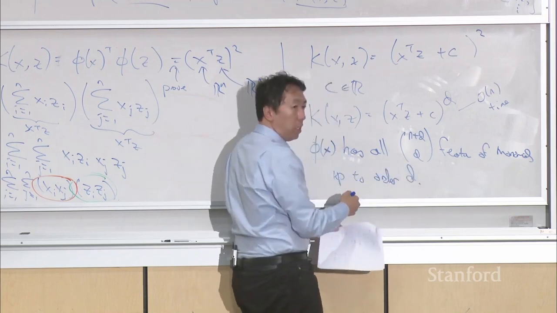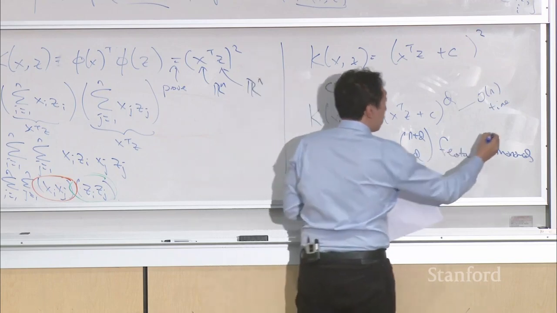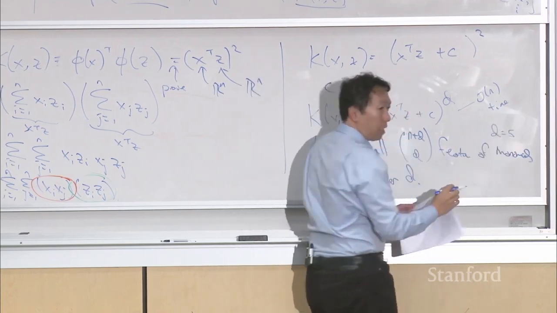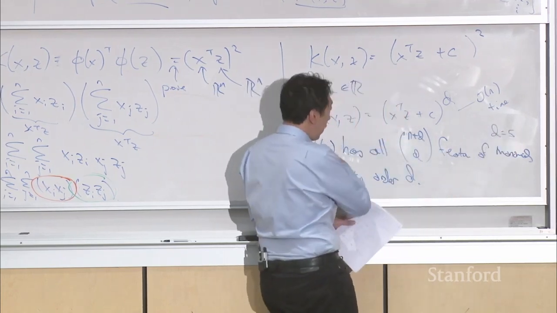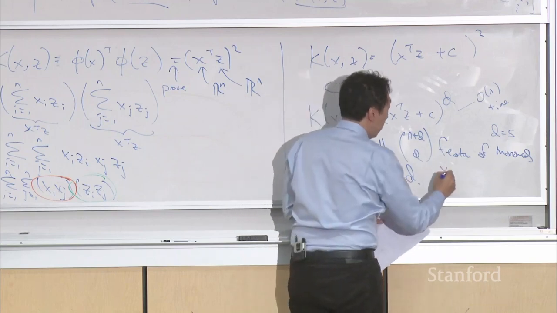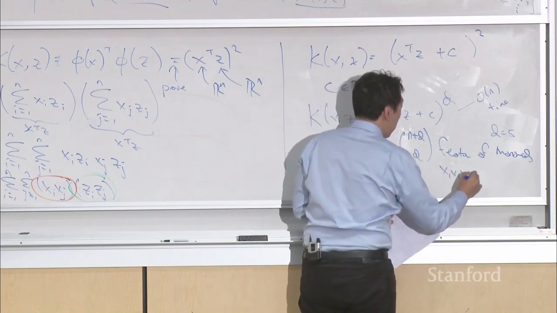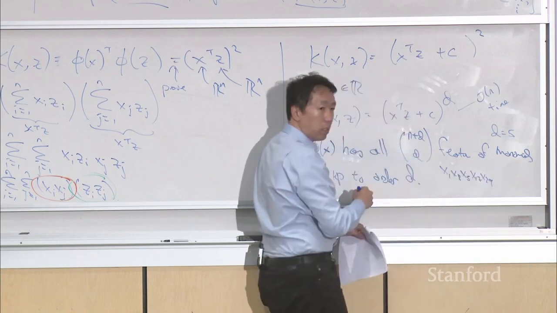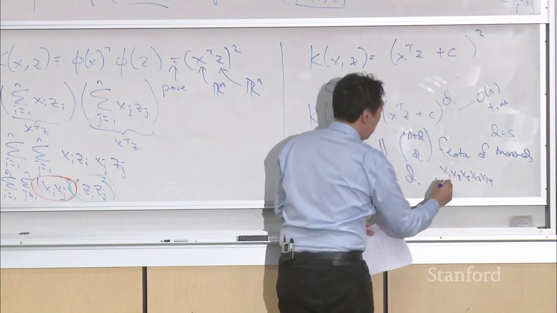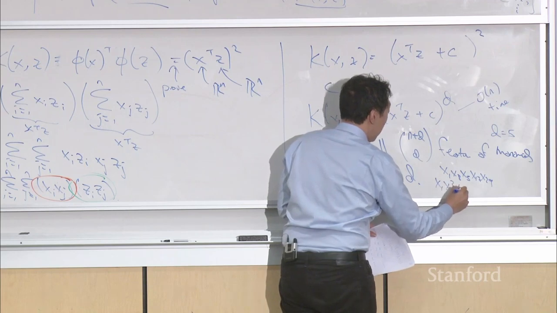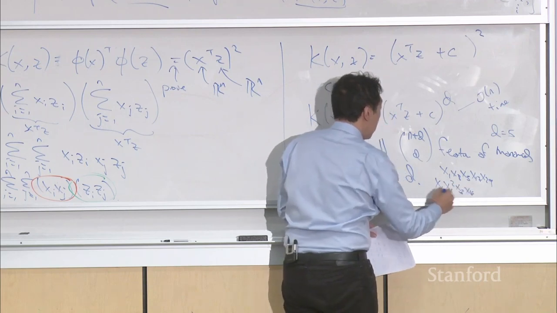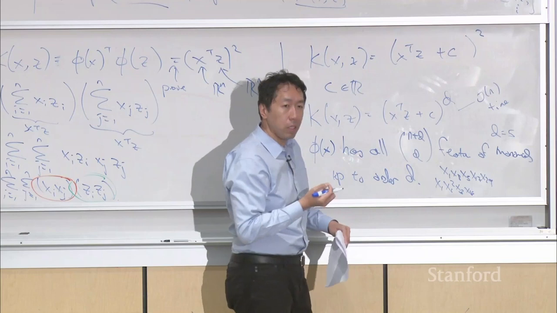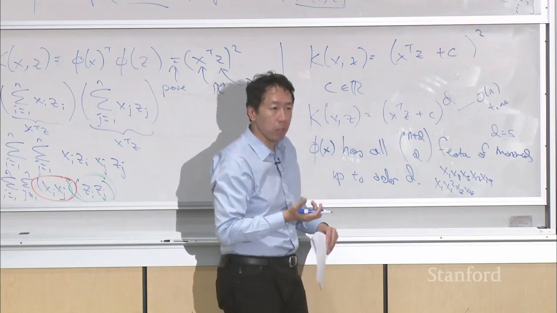So by which I mean, let's say d is equal to 5, right? Then phi of x contains all the features of the form x1, x2, x5, x17, x29, right? This is a fifth degree thing, or x1, x2 squared, x3, x18. This is also a fifth order polynomial, fifth order monomial it's called.